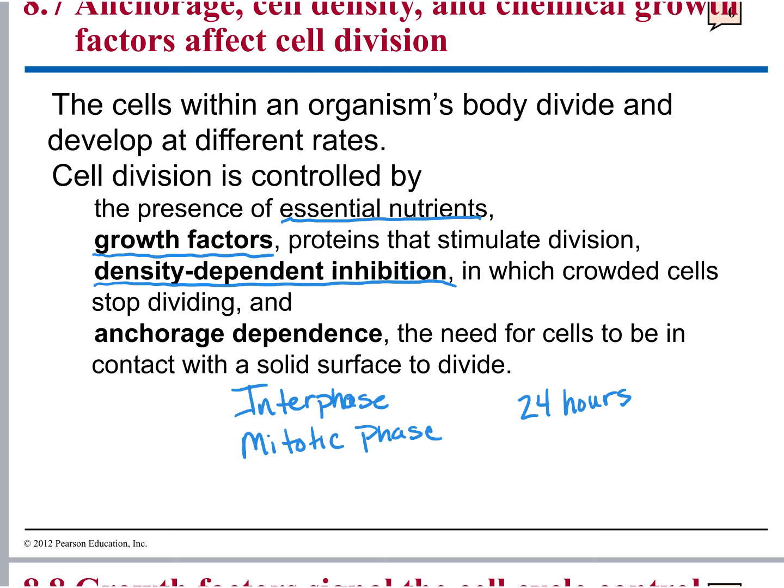And then another thing that's going to control cell division is what we call anchorage dependence. Cells need to be in contact with some other surface before they can divide. So your skin cells, for instance, when they're growing and going through their cell cycle, have to be connected to another skin cell. If they're not, they won't undergo cell division.